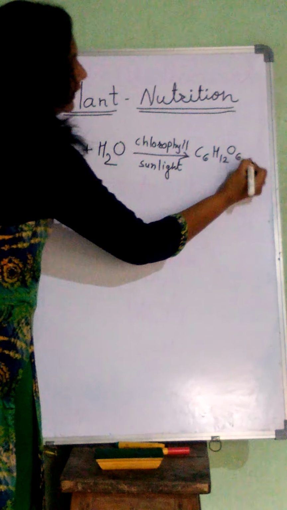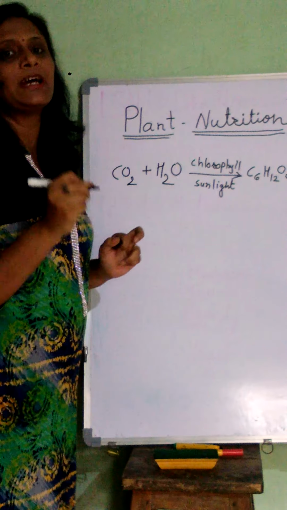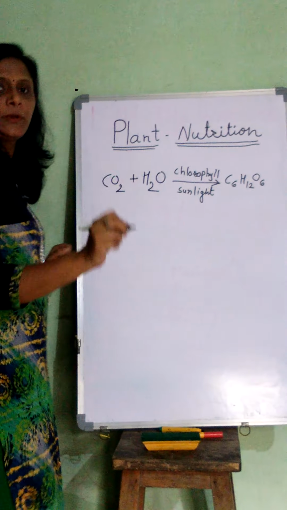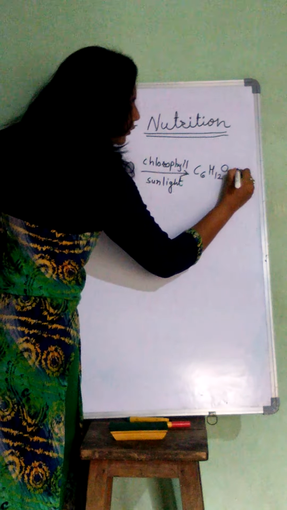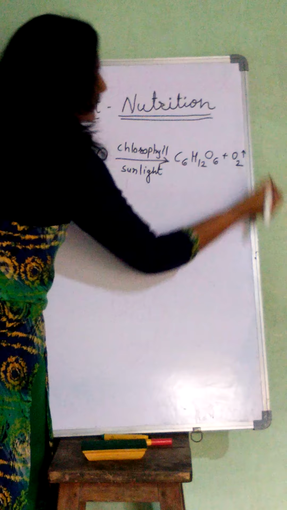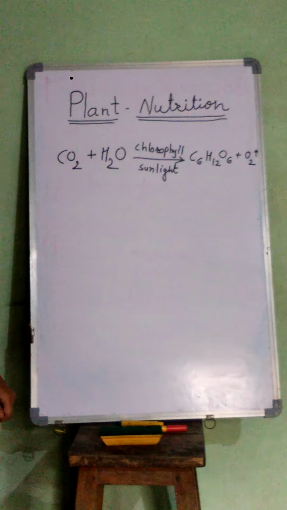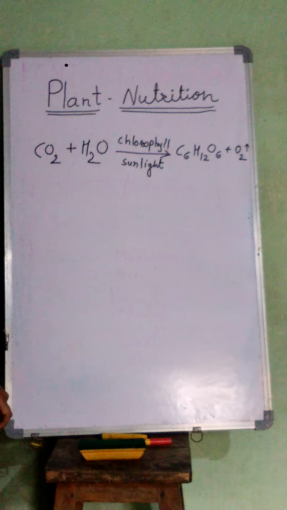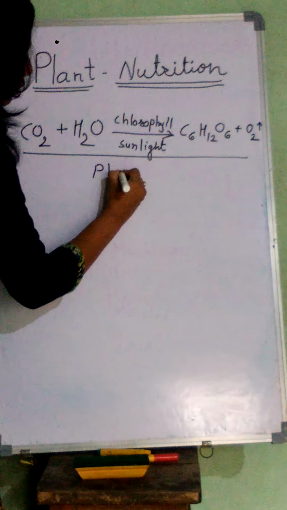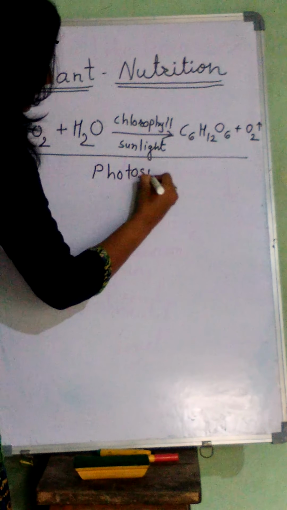When many glucose molecules are formed, they are stored in the plants in the form of starch. They prepare the organic substance like glucose and release oxygen out. This process is called photosynthesis.